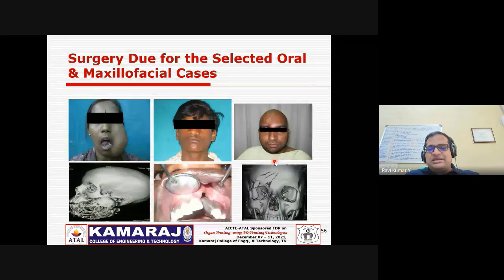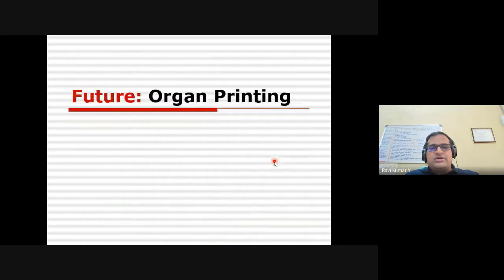Nowadays you don't have such problems; with recent developments you can print these models much faster than the previous practice. But we still need to check our facility and our equipment, whether it can supply on time to the surgeon's requirement. Based on that you take up your case, and accordingly you work on that.